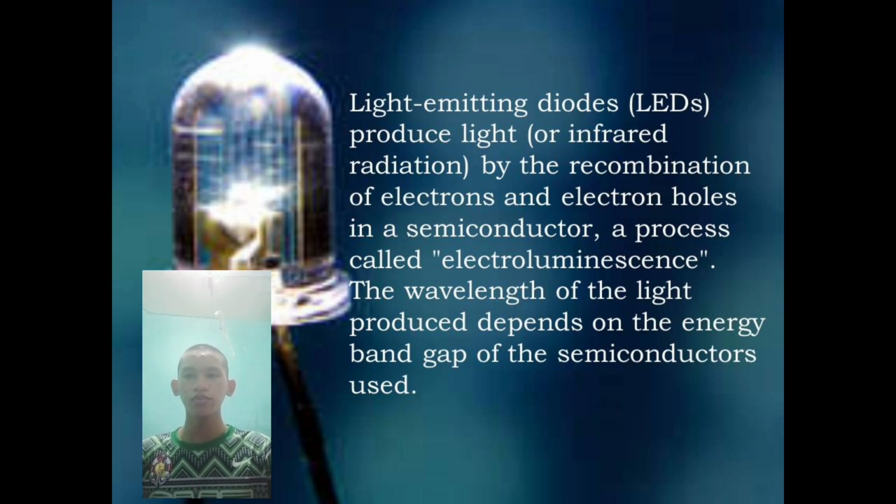The positive side has free electrons, and the negative side has the electron holes. If current flows through a light emitting diode, those electrons from the positive side go to the electron holes in the negative side. This process emits light, or infrared radiation, and is called electroluminescence.